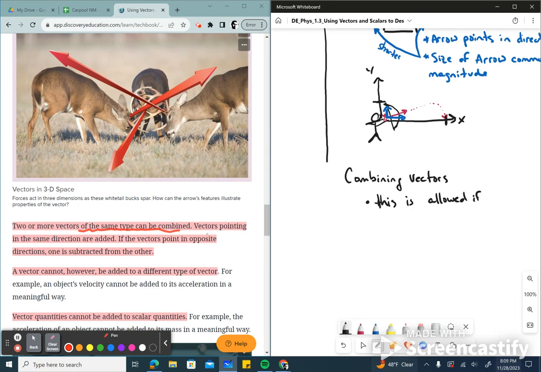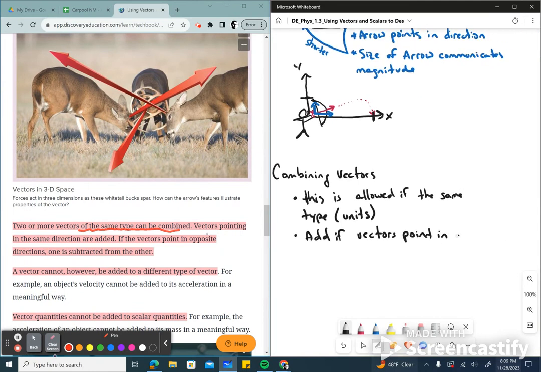That's the important part. If the same type, the same units, okay? Add if vectors point in the same direction.